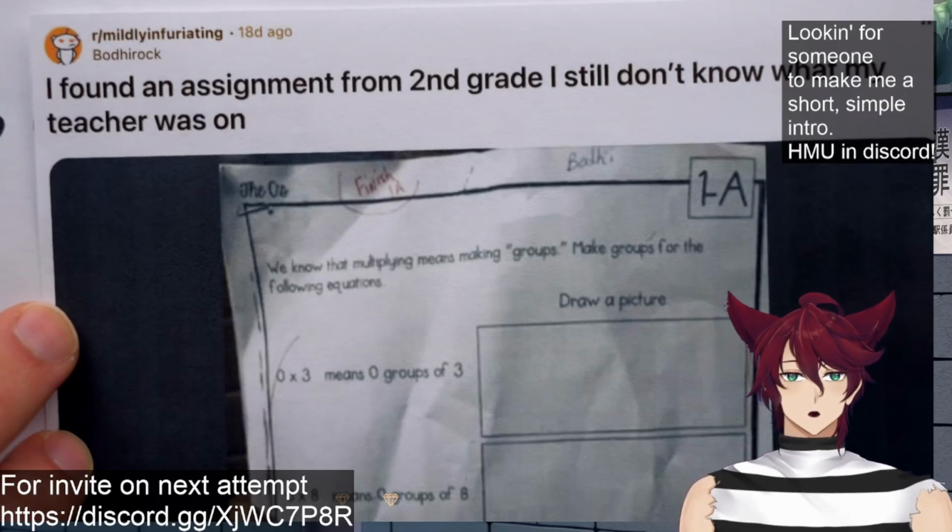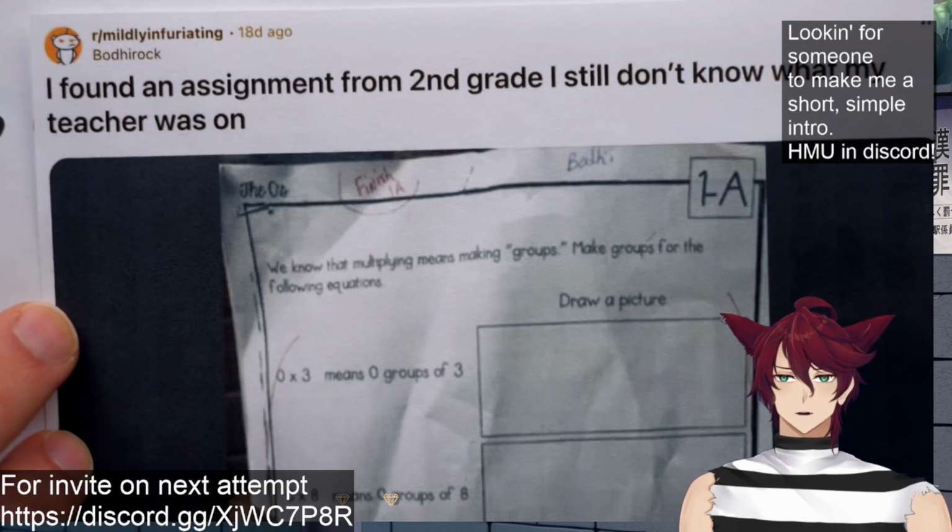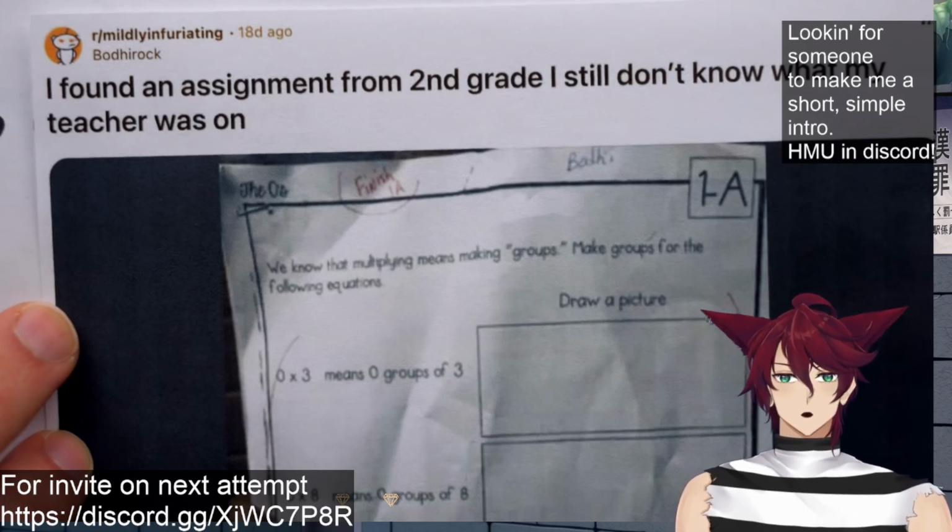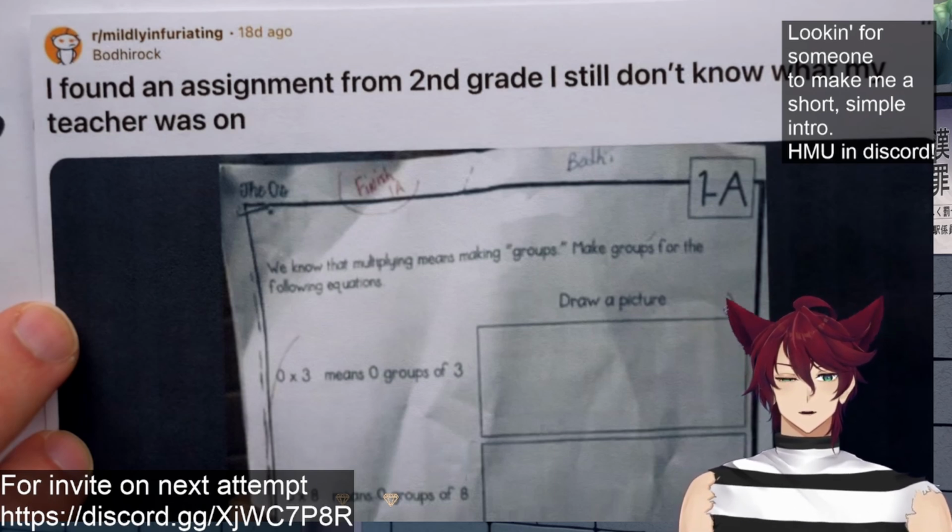All right, let's call it 3 apples, right? So there's 0 groups of 3 apples.